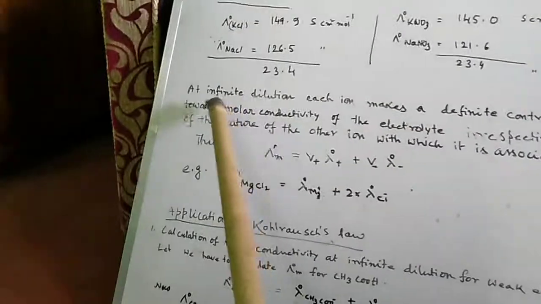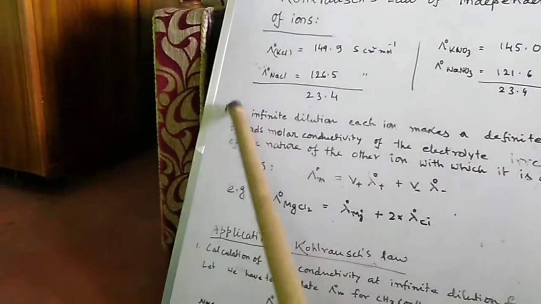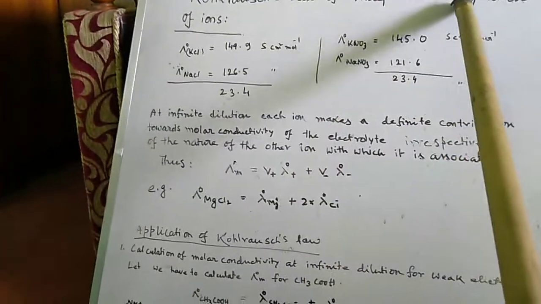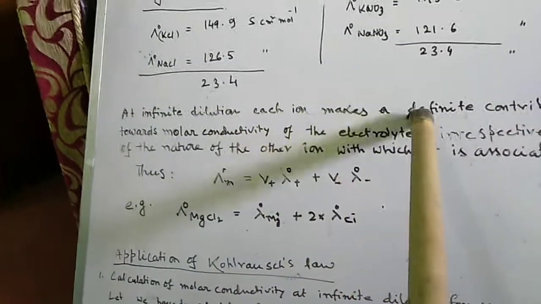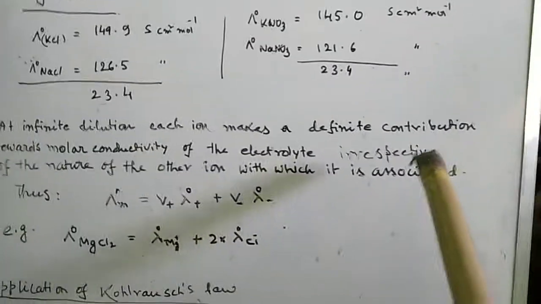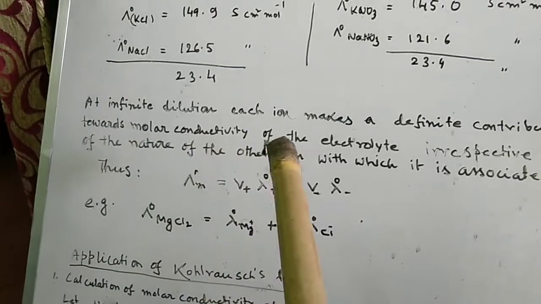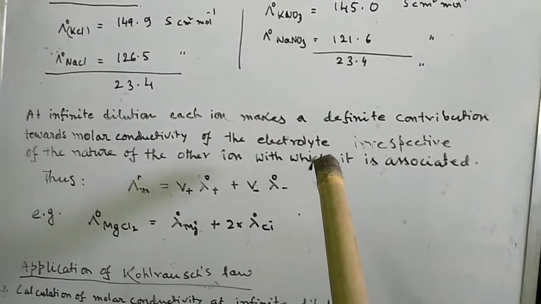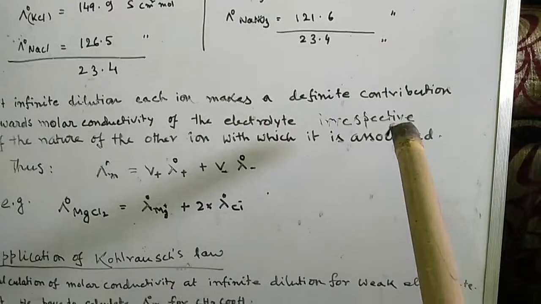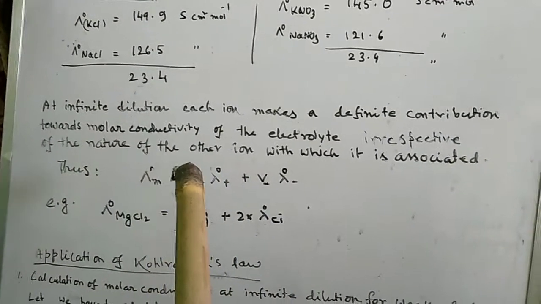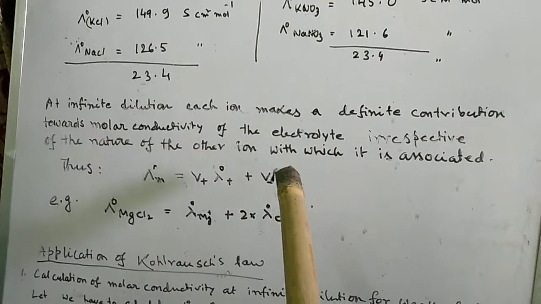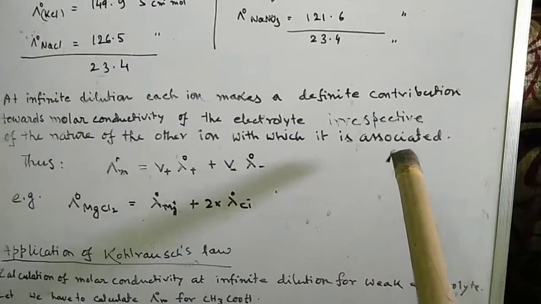That means he came to a law known as Kohlrausch's law of independent migration of ions, that at infinite dilution each ion makes a definite contribution towards the molar conductivity of the electrolyte, irrespective of the nature of the other ion with which it is associated.